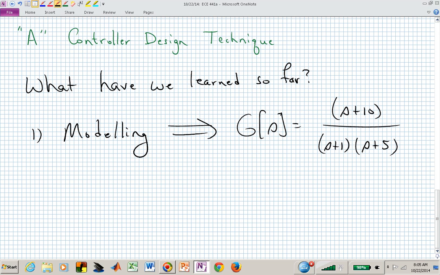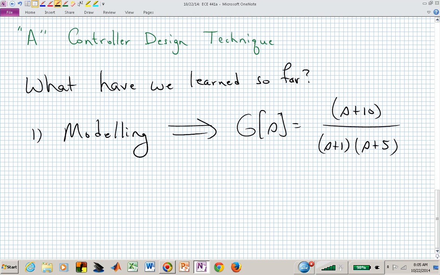Where in the S-plane will we begin our journey if we begin our journey on the poles? On the open loop poles. This is our open loop system, and we may not like the way our system is behaving, and so we want to change that or understand how it can be changed. Where are the poles of G of S?